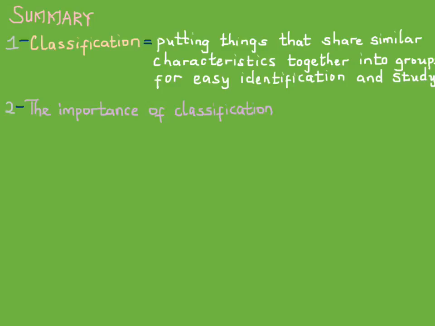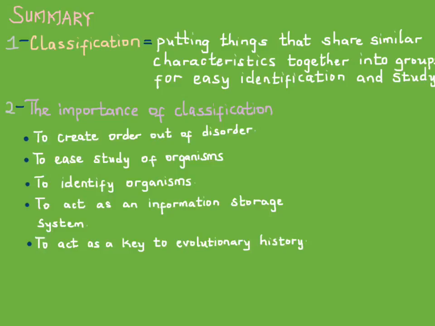We also learned the importance of classification, which is to create order out of disorder, to ease the study of organisms, to identify organisms, to act as an information storage system, and to act as a key to evolutionary history.